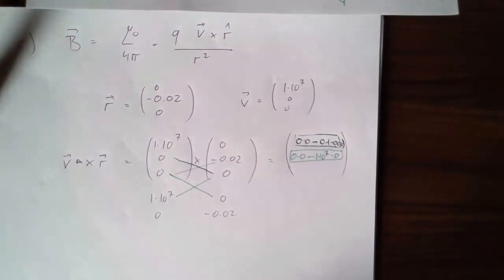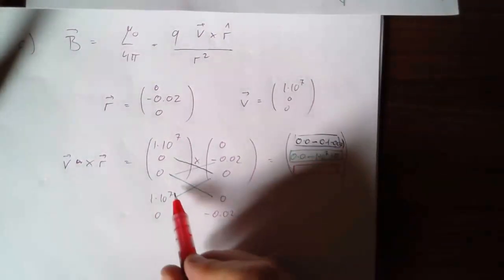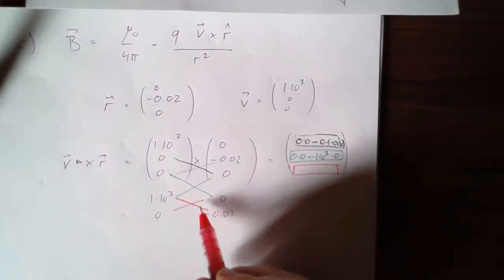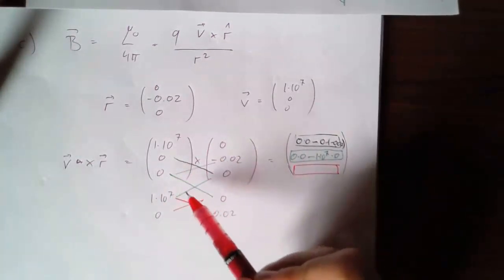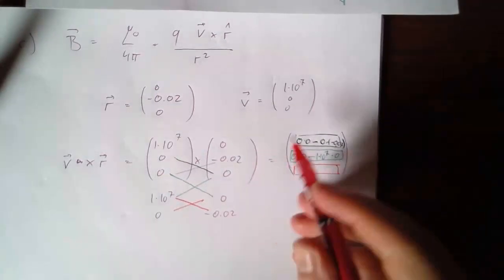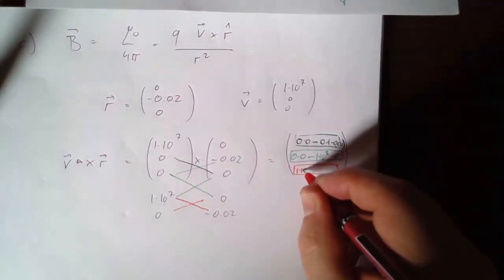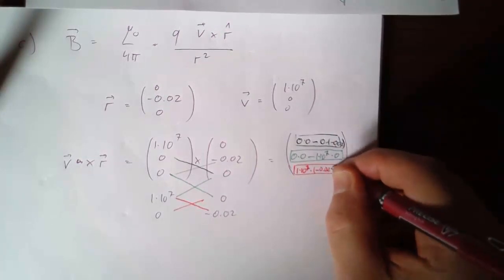Now what's the last one? The last one is my z component. The alternative would have been that I connect this one right to the top one again, and sort of go round the loop. You find your own best way of solving those, whatever you like best. So in this case, I've got 1 times 10 to the 7 times minus 0.02.